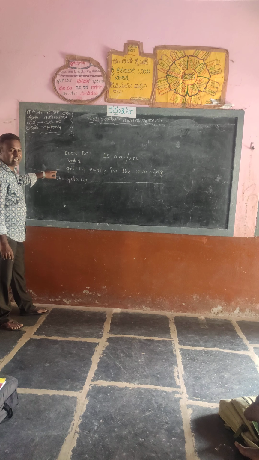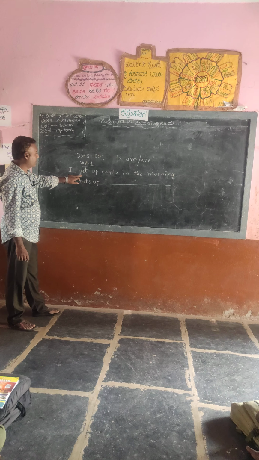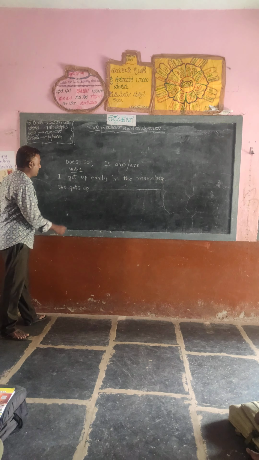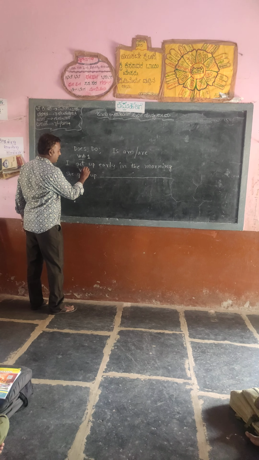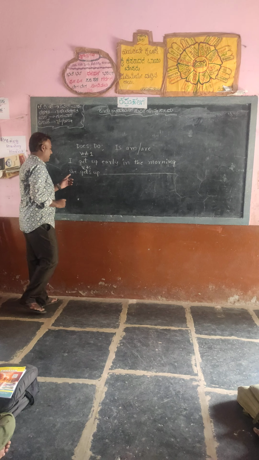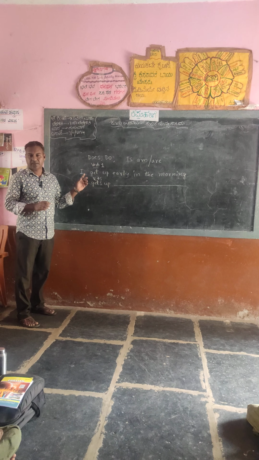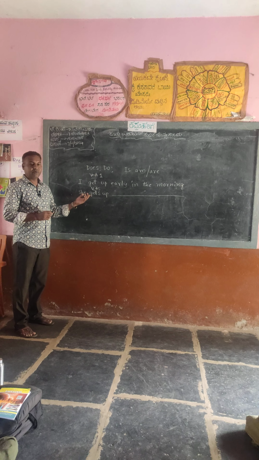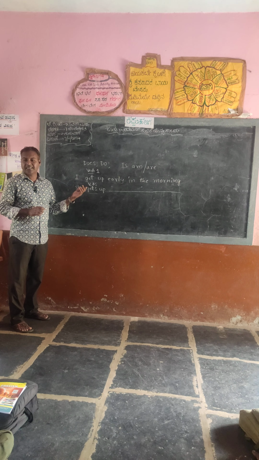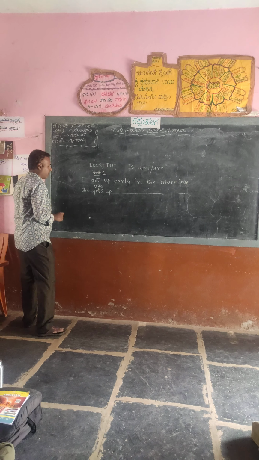Although we consider this I as plural subject, so that I have used only V1. Here I have used V1 plus S, means verb 1 plus S. Here she is singular subject, so I have used verb 1 plus s. You have to remember always, when you use singular subject, you have to use verb 1 plus s, es, ies, isn't it?